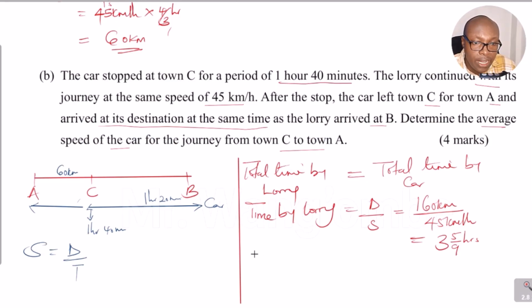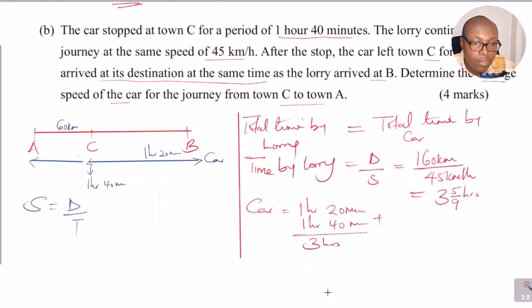So now the car has already taken 1 hour 20 minutes, and then it also stopped for 1 hour 40 minutes. We have to calculate this time because the time has to be the same for them to arrive at their destinations at the same time. When you add the two, you notice this will give exactly 3 hours. So the car has taken 3 hours so far: 1 hour 20 minutes from B to C, then stopping there.